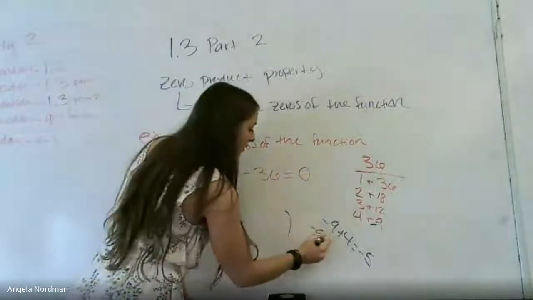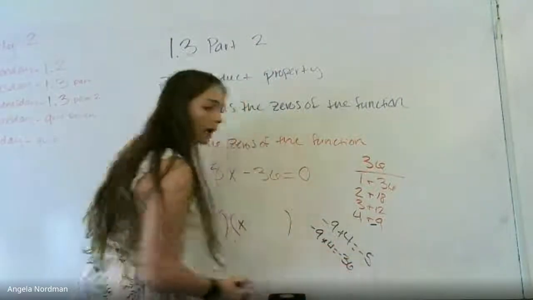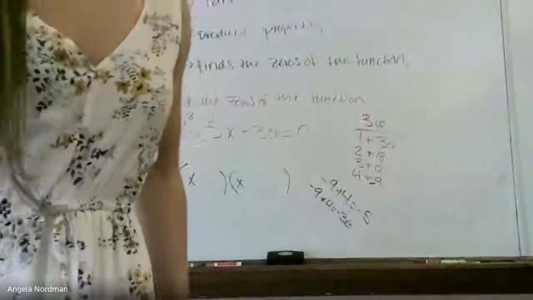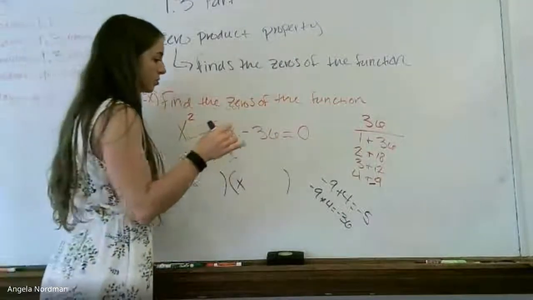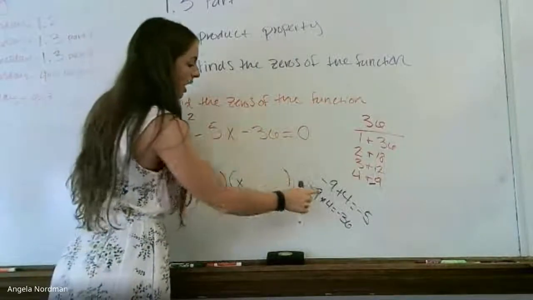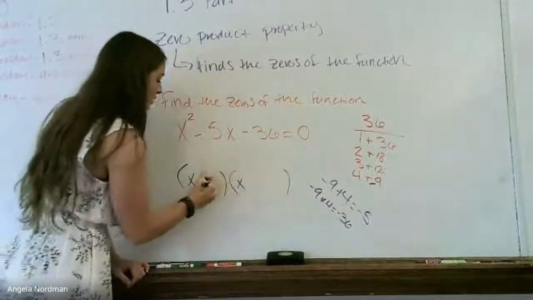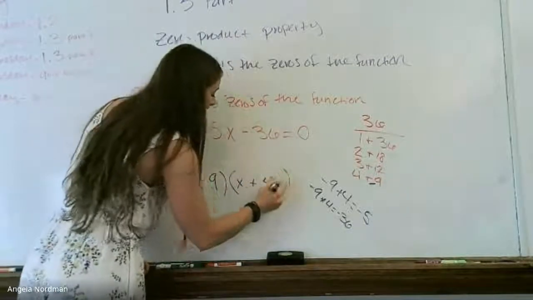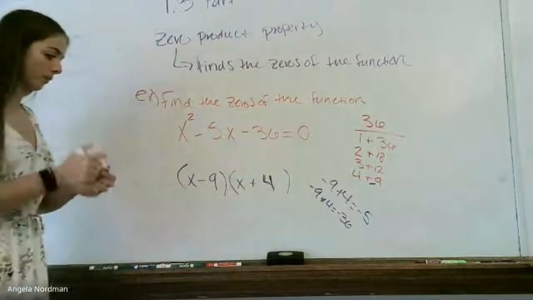What about negative 9 times positive 4? That also gets me to negative 36. Okay, so I've met both of the restrictions here. I've added to the middle and I've multiplied to the last term. So that tells me the 2 numbers I'm going to use are negative 9 and positive 4.